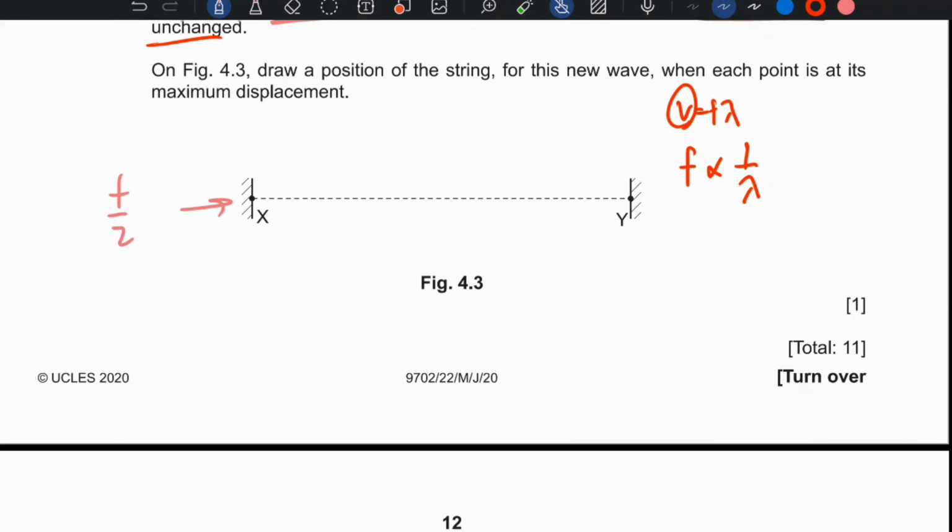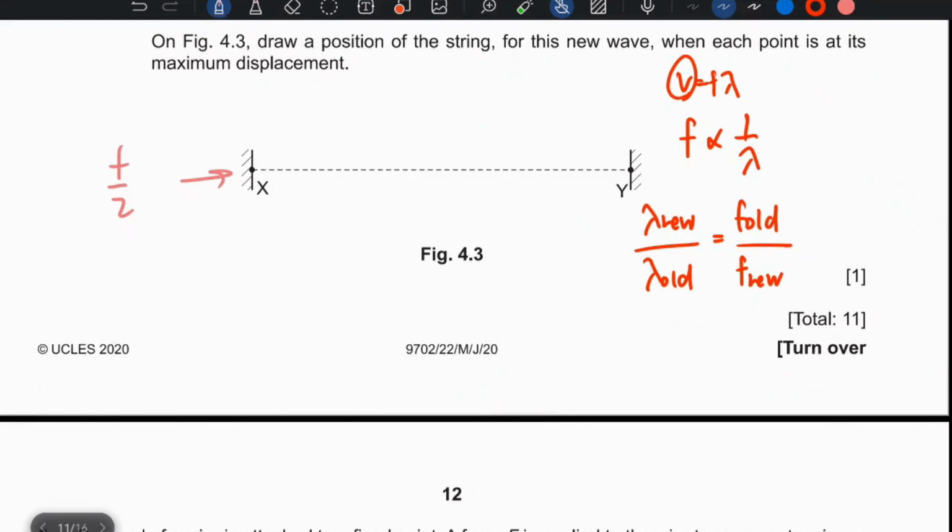Now, we want to know how much wavelength you have to draw, whether half, full, or 2 wavelengths. So let's make wavelength on the left hand side. A new wavelength divided by old equals, since it's inversely proportional, the old frequency over the new frequency. Lambda new is what we are going to find.